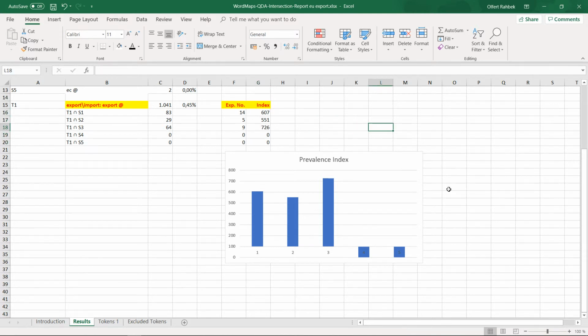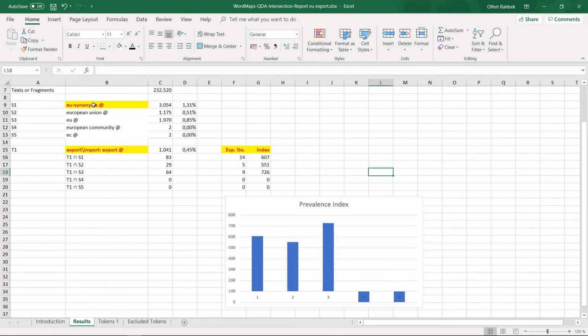But that is, of course, not what we're having. We have a 6 times higher prevalence of export when any EU synonym is used. We have a 5.5 times higher prevalence when reference is present to the European Union, and we have a more than 7 times higher prevalence when the abbreviation EU is mentioned.